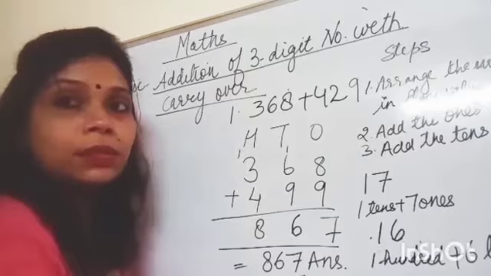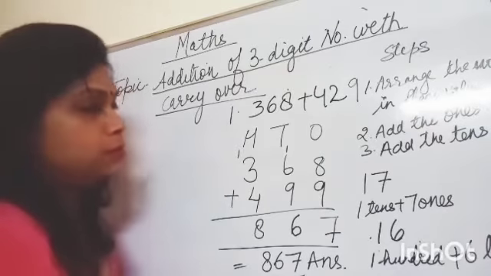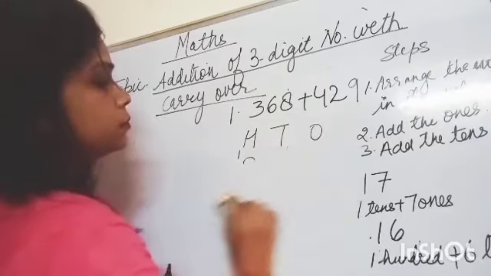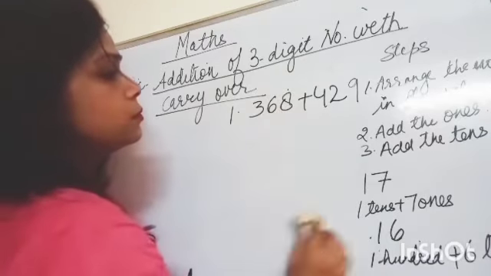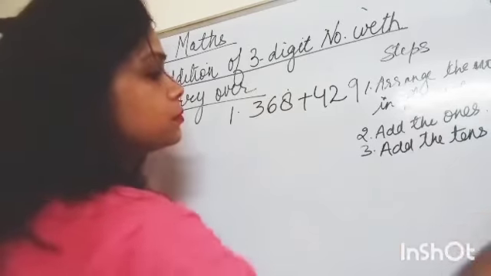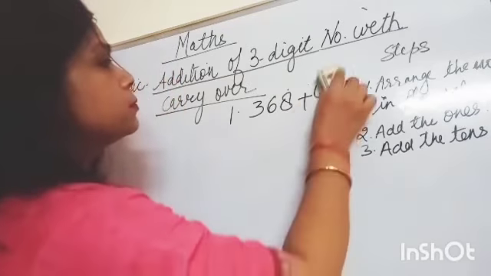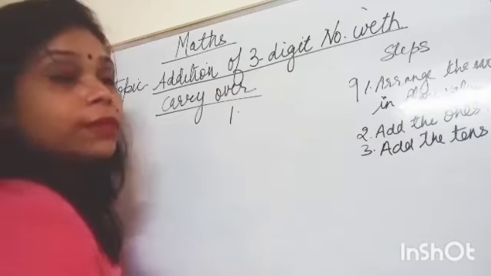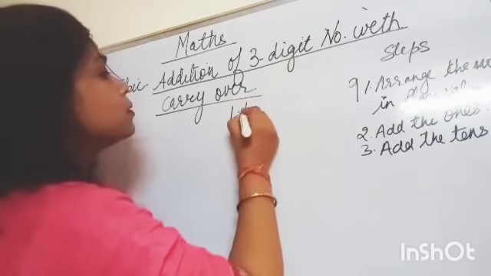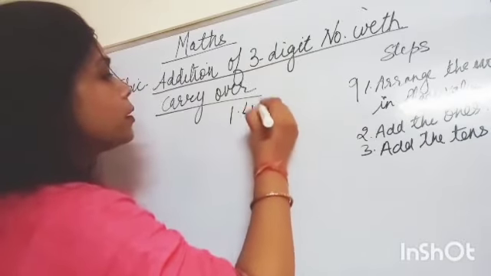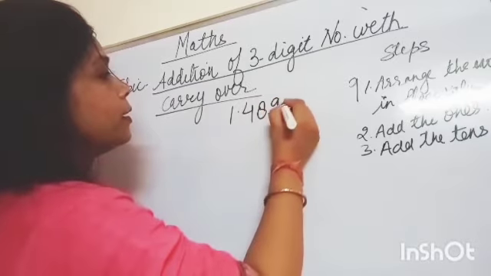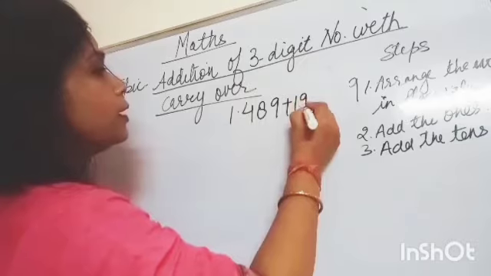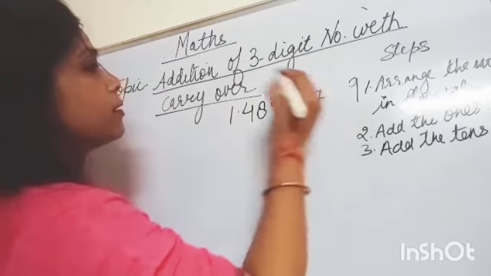Now let us take one more example. We will take 489 plus 197.